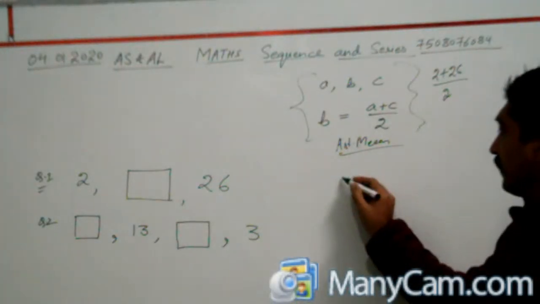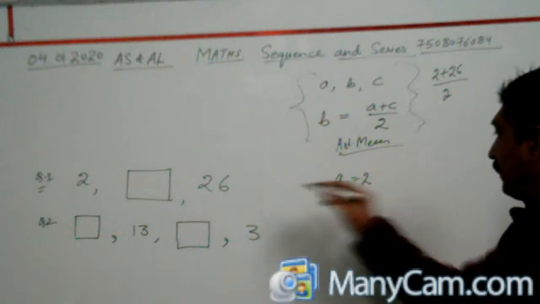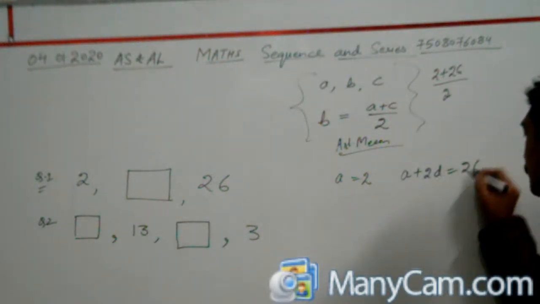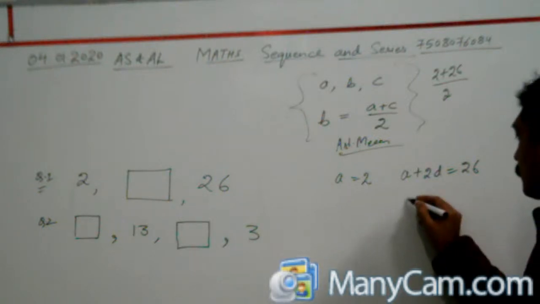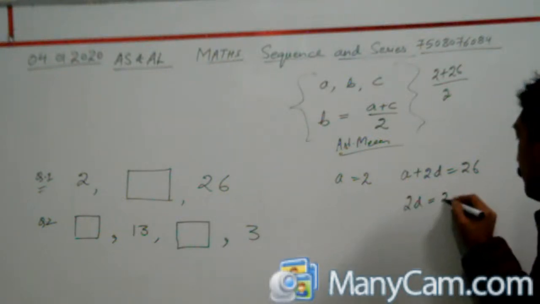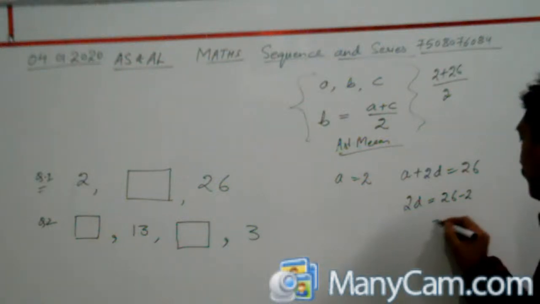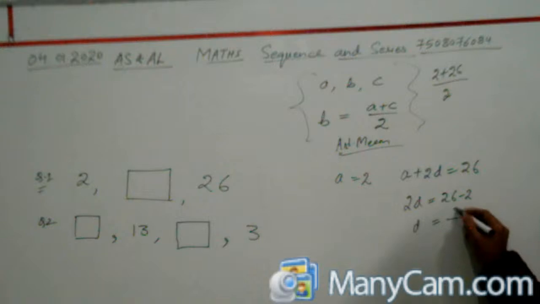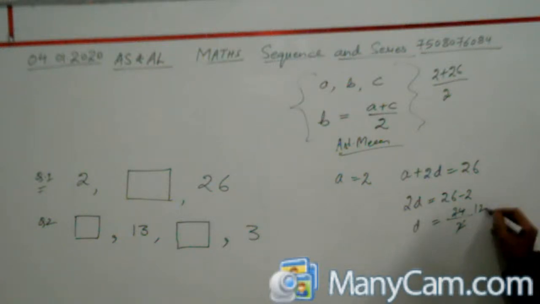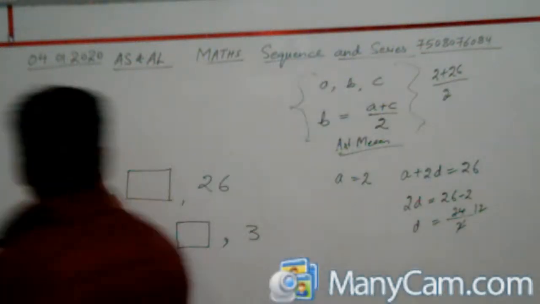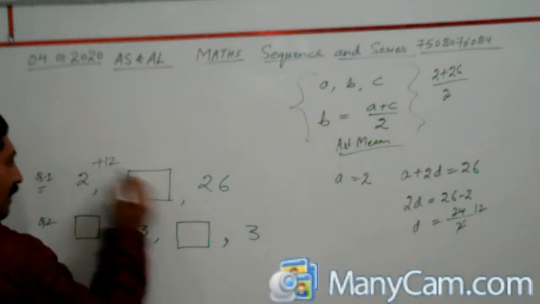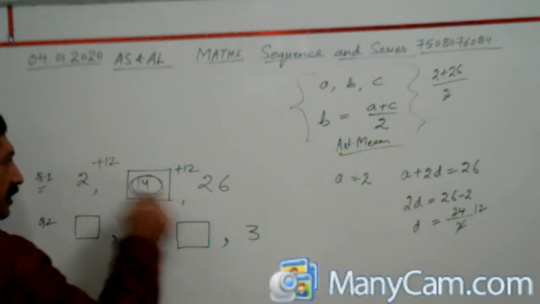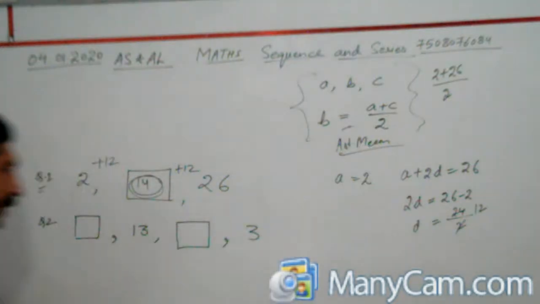But we can also do it this way: a is 2, and the third term a plus 2d is equal to 26. So a is 2, so 2d is equal to 26 minus 2, that is 24, and d is equal to 24 divided by 2, that is 12, right? So 2 plus 12 is 14, and 14 plus 12 is 26. So the number here is 14. So I have discussed it in both ways, right?